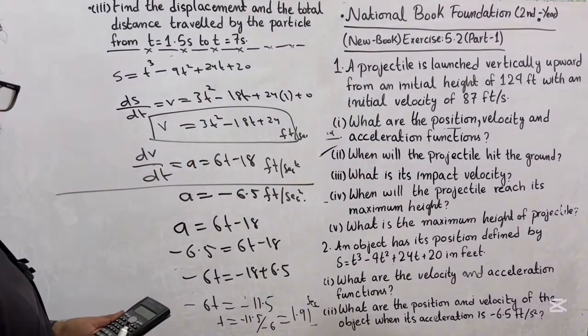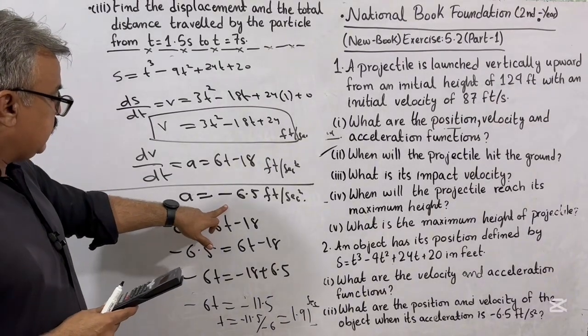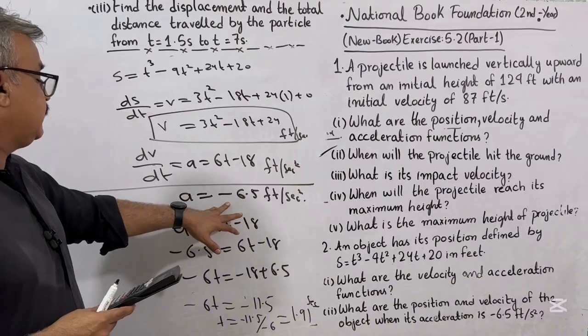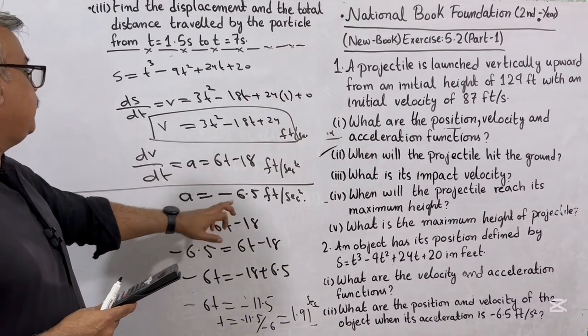That's the time. After 1.91 seconds, our acceleration is negative 6.5, a deceleration at the rate of minus 6.5 feet per second square.